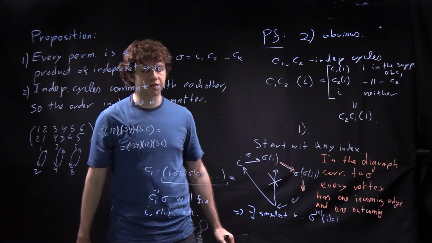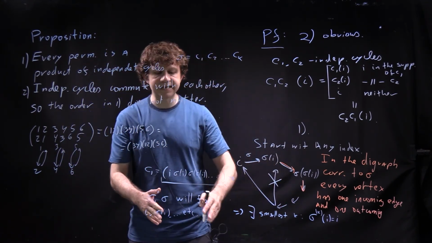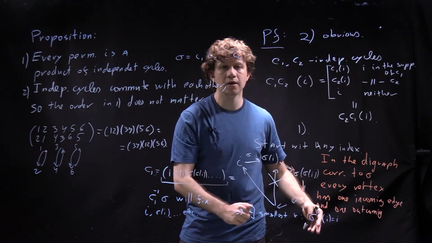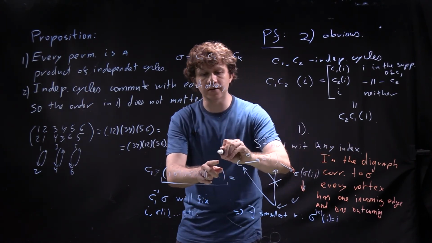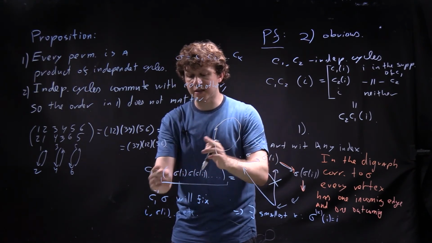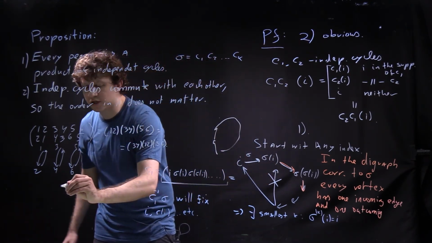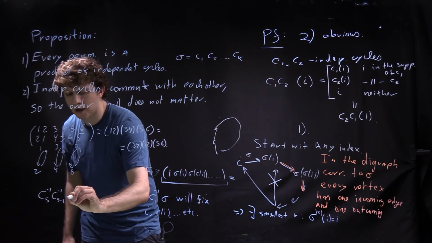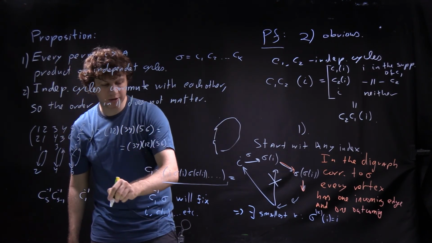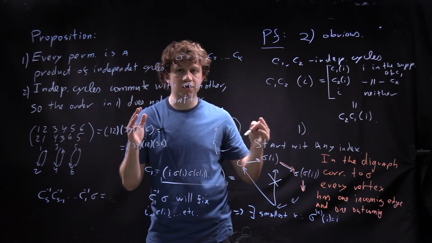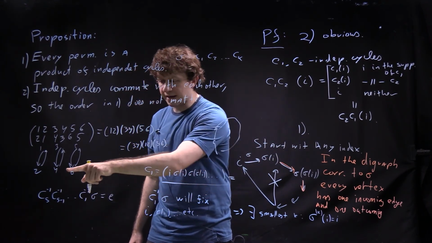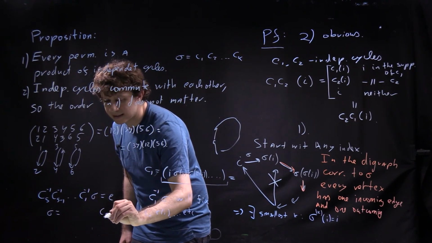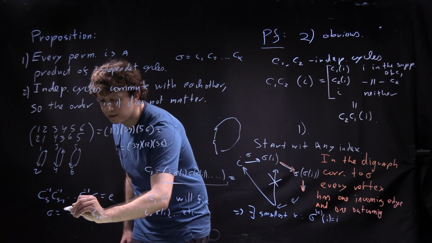And in some sense it's simpler, since it already fixes everything here. Then I can take any other element outside of the support of this cycle, find another cycle going from that element, and multiply by C2 inverse, and so on. Eventually I get a presentation where, if I multiply all of these inverse powers composed with sigma, I get a permutation which fixes everything. So this is e. Then I can start multiplying on the other side and I see that sigma equals C_s minus 1 down to C1.